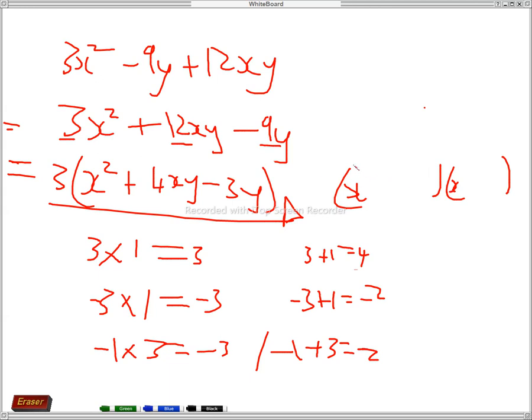And then for the other term here, as it is 3, I should get two values that when I multiply them, I get 3, and when I add or subtract, I get the middle value. If you don't get the middle value, there's no way you can factorize, or there's no way your factorization is correct. You understand? So let me just proceed to the next one.